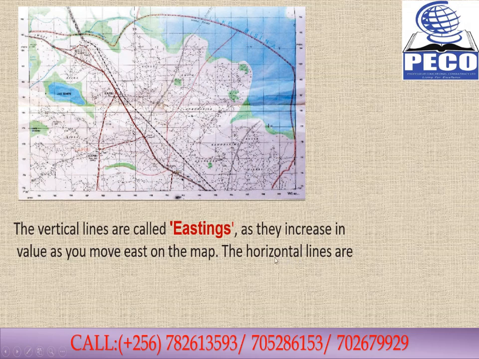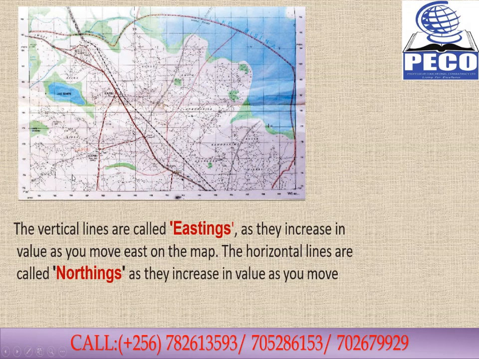So that's why we call them eastings, because their values are increasing as you go to the east or to the right. Then the horizontal lines, which are running from east to west or west to east, have a special name and they are called northings. Just like the eastings that are increasing to the east, the horizontal lines' values increase to the north, such that if this is 86, this is 87, 88, 89, 90, as we go upwards, or as we go to the north.